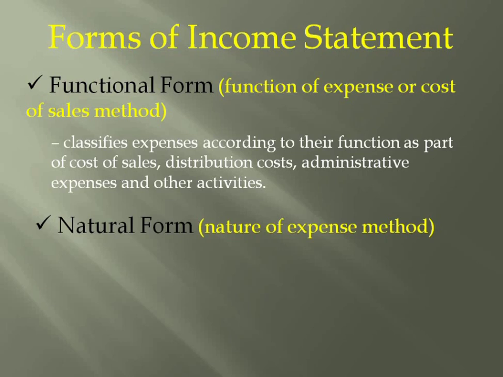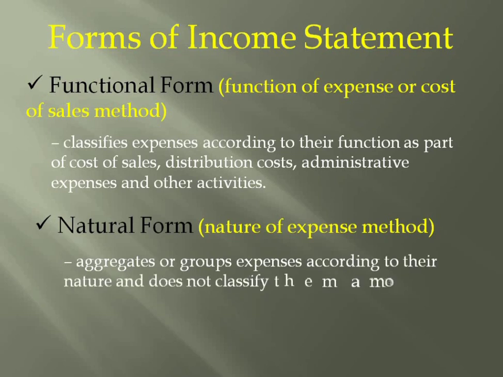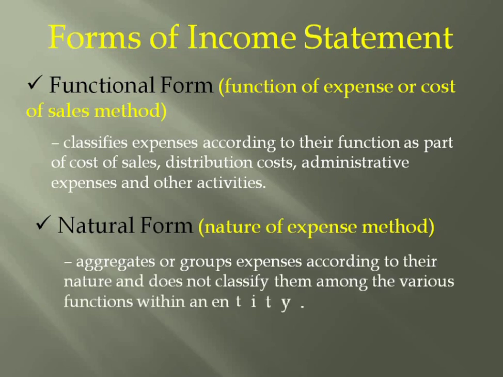In contrast, the natural form aggregates or groups expenses according to their nature and does not classify them among the various functions within an entity. Meaning, expenses are not classified as cost of sales, distribution cost, administrative expenses, and other activities. Rather, expenses of the same nature are grouped together.